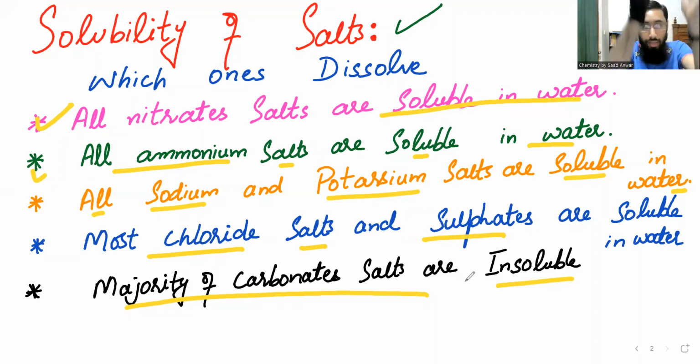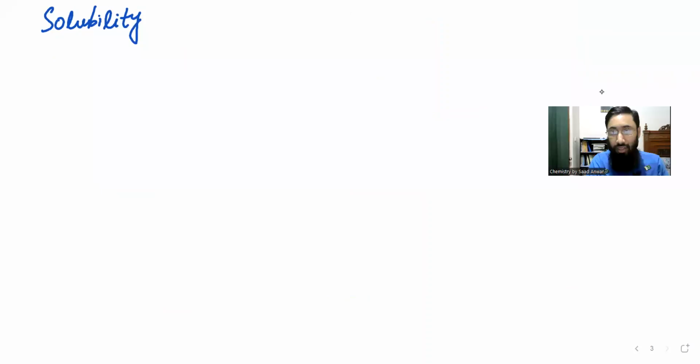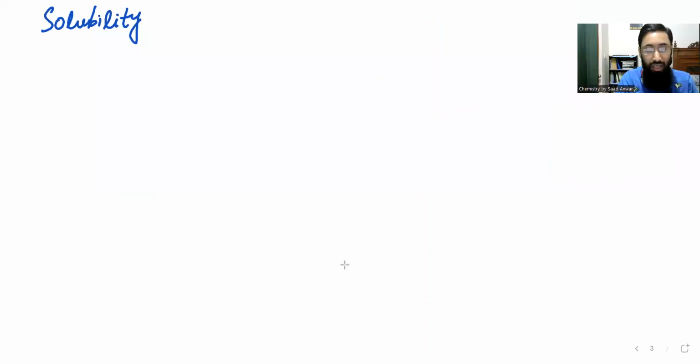Now I am going to explain these points with the help of a table. Let me draw a table, guys. You can take a screenshot of this page. This is our next page. So here, this is solubility. Here I will write those salts which are soluble in water. This is our central line.